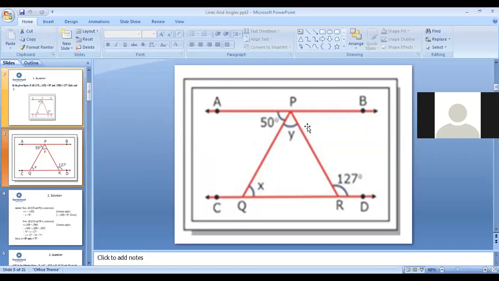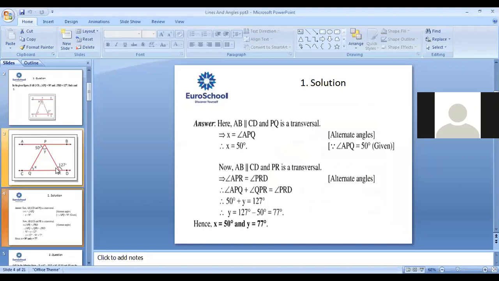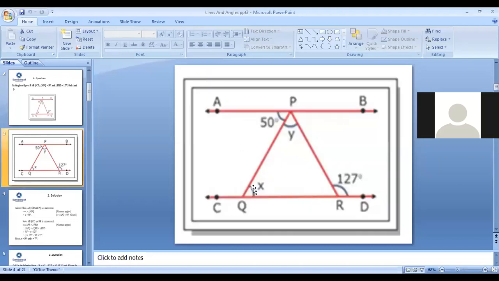Okay. But we got the value of Y as 77. Now we need to find the value of X. How to find the value of X? Alternate interior angle. Once again, it is alternate interior angles. See children, just observe the pointer. What is this letter?